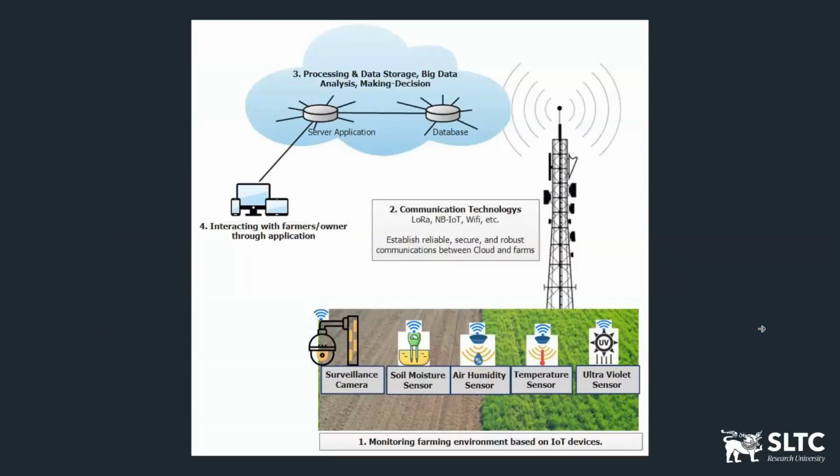So let's take, for example, a smart agriculture scenario. In that scenario, once we are doing the logical design of IoT, we need to decide which type of sensors we need to take and which communication technology we can use to access the access point, and then the cloud, and from there onwards, the databases.